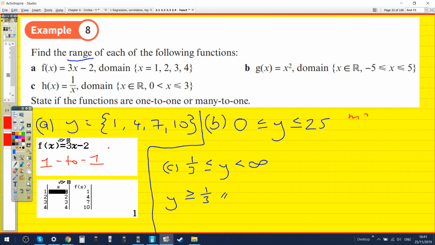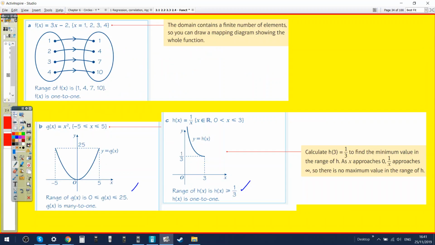Yeah, 5 squared is the same as minus 5 squared. And would be C 1 to 1. Yes, 1 to 1. And I believe the reason why it's a function is because it's not equal to 0. I think if it was or equal to 0, then it wouldn't be a function, because then x would have no y to map onto. So that's 1 to 1, many to 1, and 1 to 1.